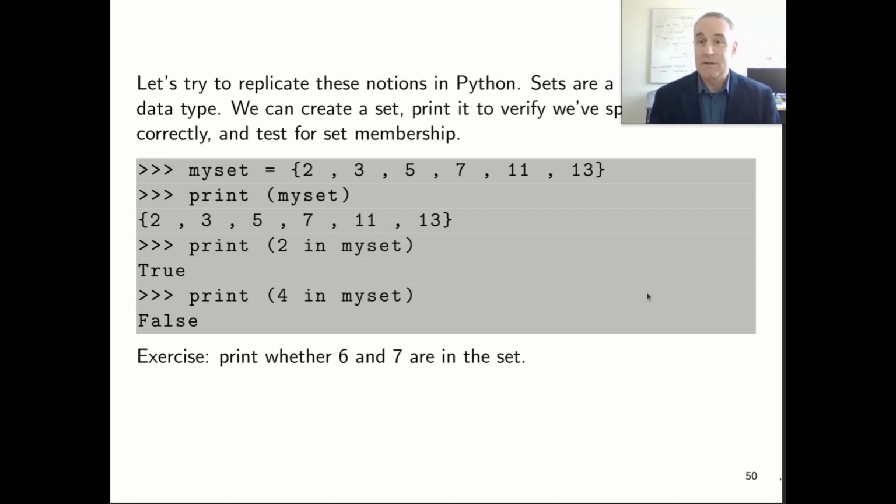One option is to exhaust the work that you want to do on MIU, including the extra credit, before you go on to this, but you could also do it in parallel just fine. We won't get into anything that depends upon the learning that happens in the MIU problem until much later in this series. All right, so as an exercise, I'd suggest just try to print out whether 6 and 7 are in my set.